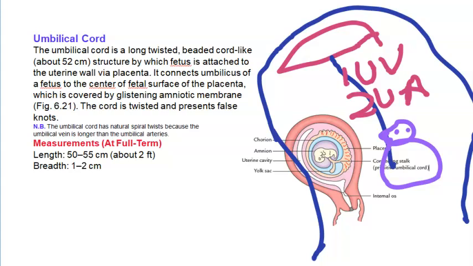Umbilical vein will carry the oxygenated blood from the mother, not the blood, the oxygen. Oxygen it will carry from the mother to the fetus. So this is actually the fetal blood only. So it is carrying this blood, oxygenated blood, but the oxygen is coming from the mother to the fetus. Then umbilical artery is doing what? It is going to take the deoxygenated blood and give it to the placenta.